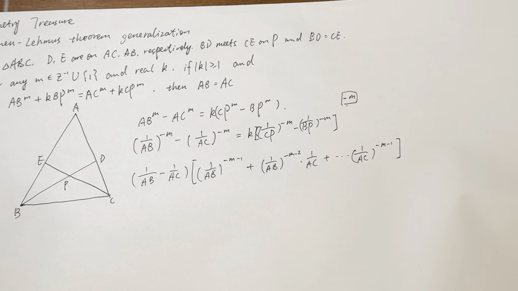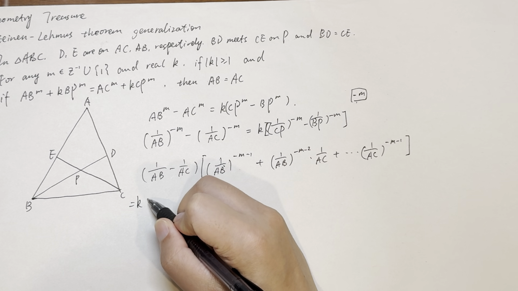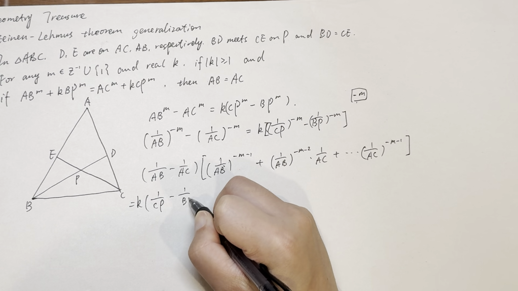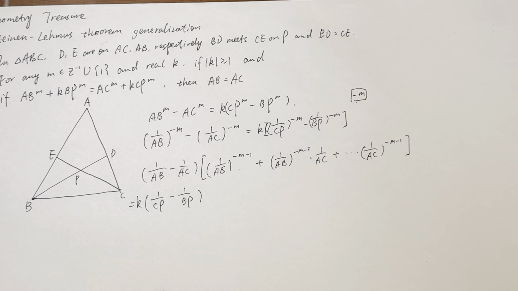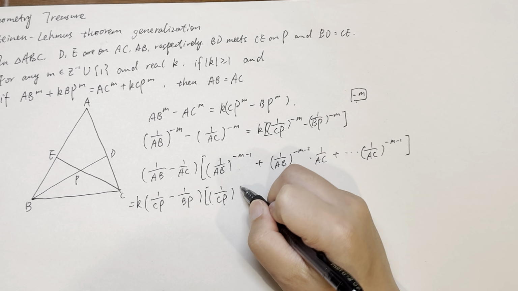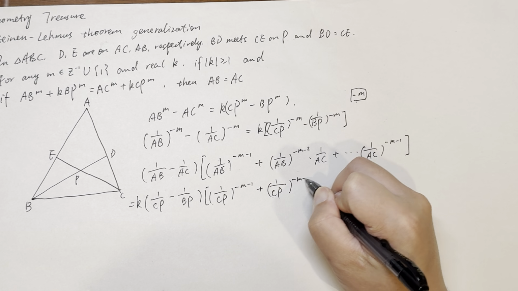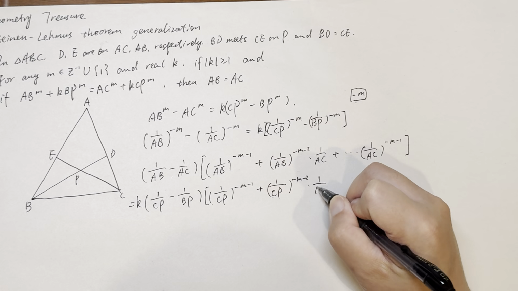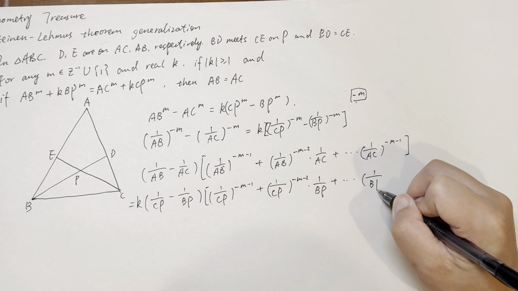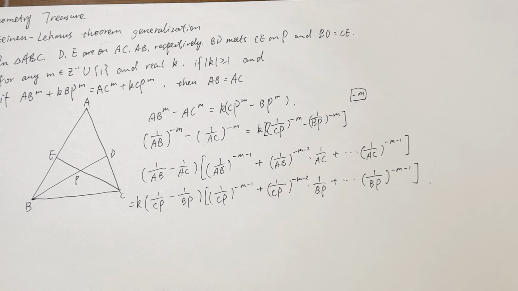So that's on the left side, equals k times 1 over CP minus 1 over BP, times 1 over CP to the power minus m minus 1, plus 1 over CP to the power minus m minus 2 times 1 over BP, plus whatever the rest, all the way to 1 over BP to the power minus m minus 1, right?